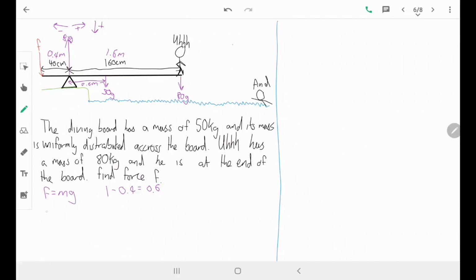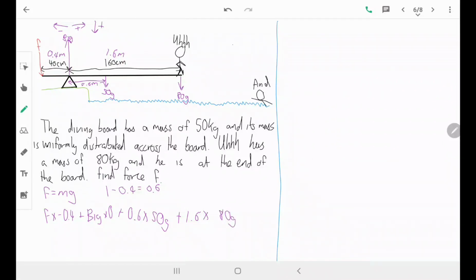So then we look at our moments. We have F times minus 0.4, plus big force times 0, plus 0.6 times 50g, plus 1.6 times 80g.